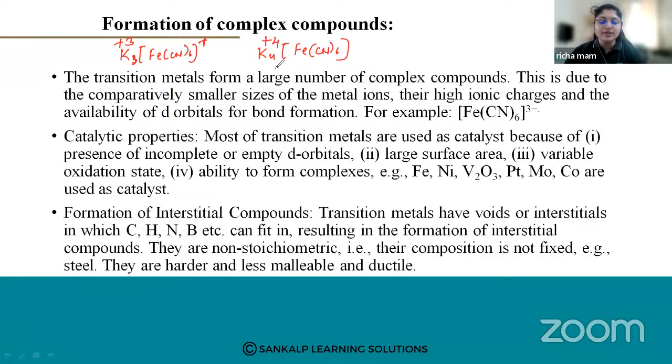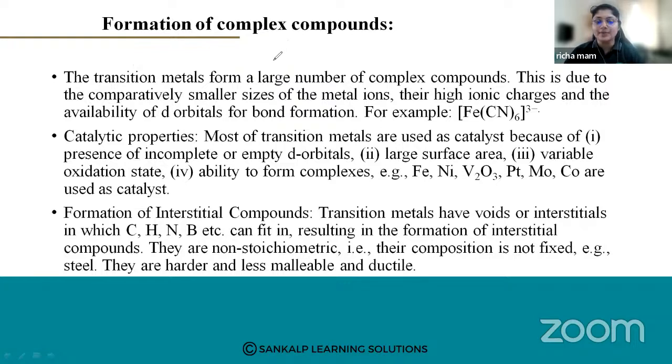The K4 complex is more stable than the K3 complex. Why? Because it is in a higher oxidation state. So this complex is more stable as compared to this complex.